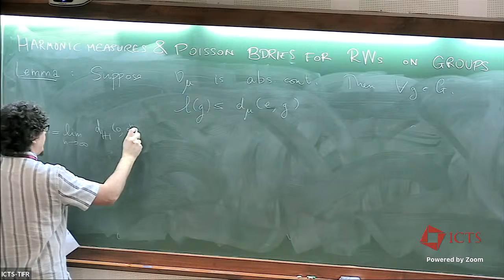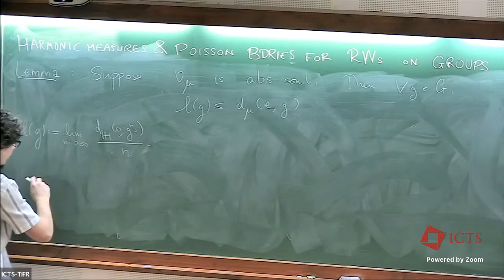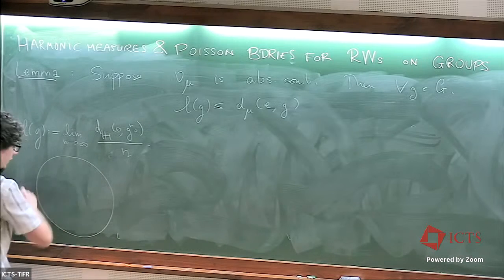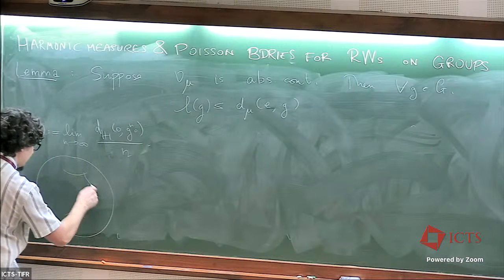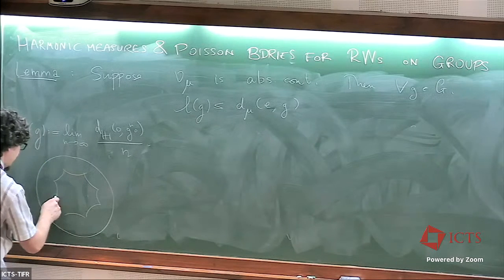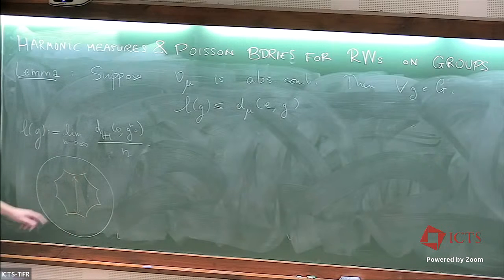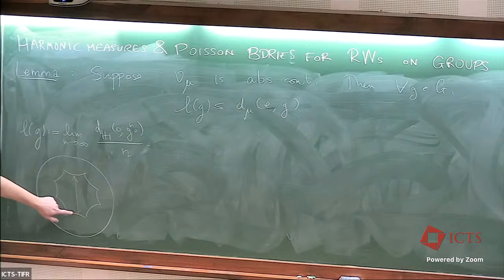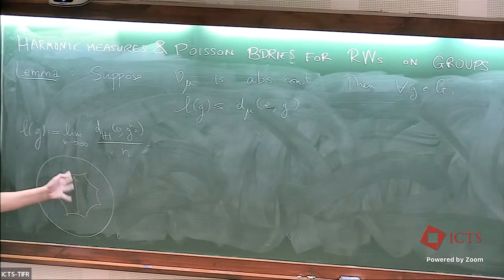Recall that in the picture we have this octagon. The translation length, in this symmetric case, is basically the distance between the midpoints of opposite sides, because this is a hyperbolic element that preserves this axis.